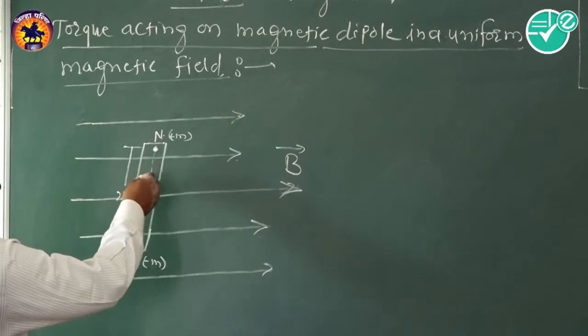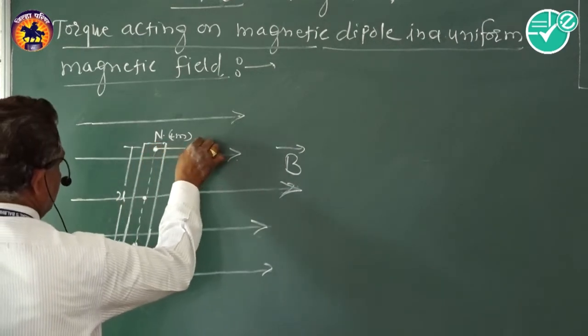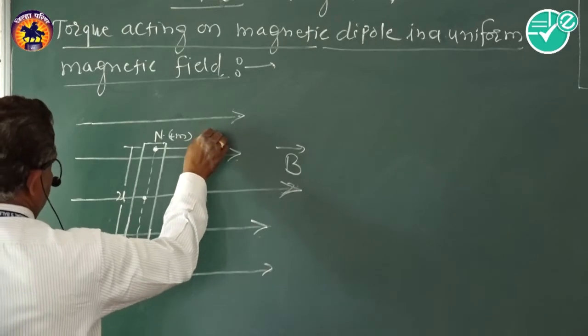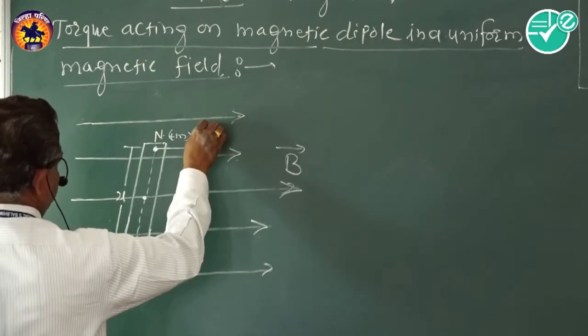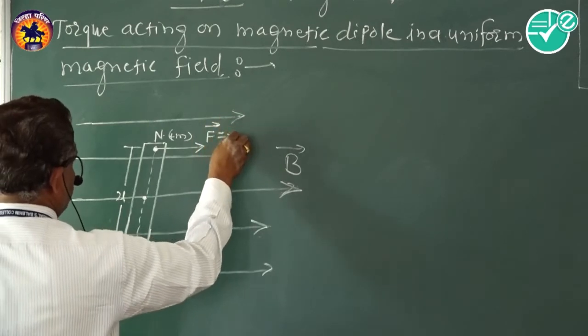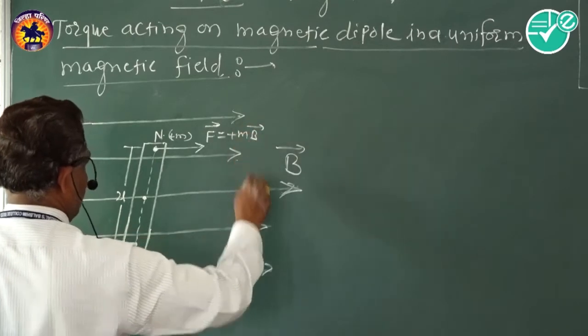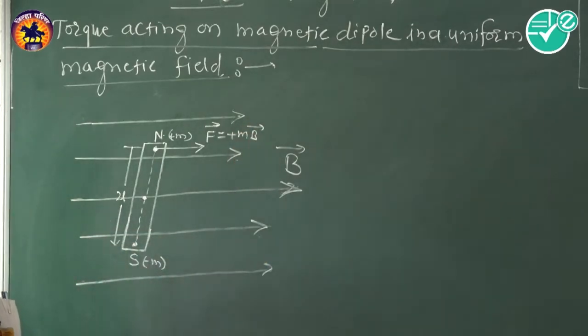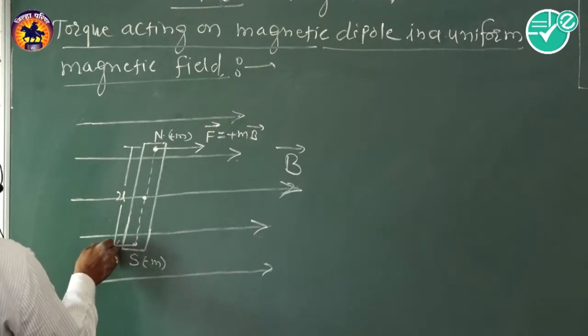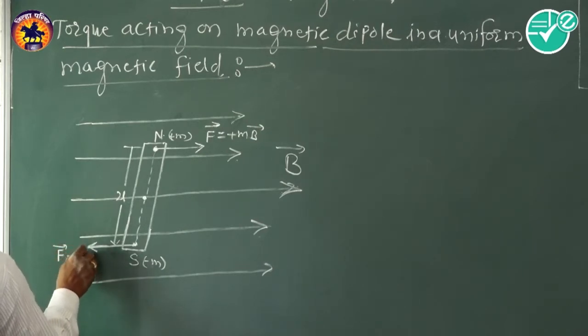On this pole, force acting on the dipole F is equal to plus mB. On the other pole, F is equal to minus mB.